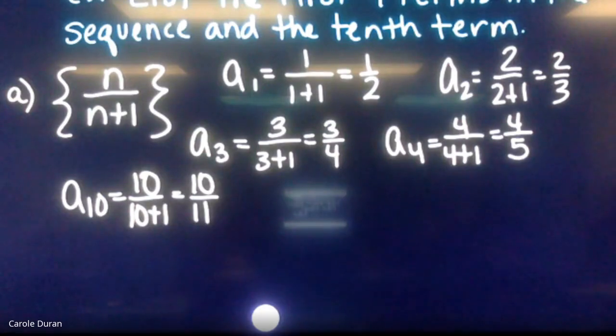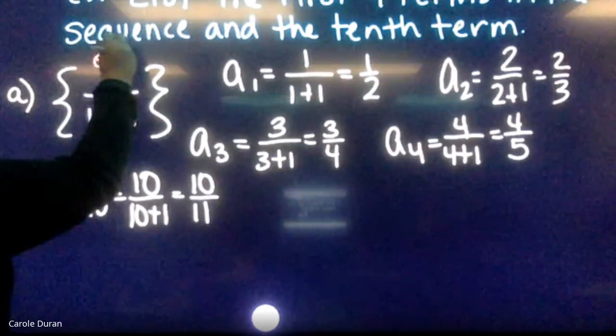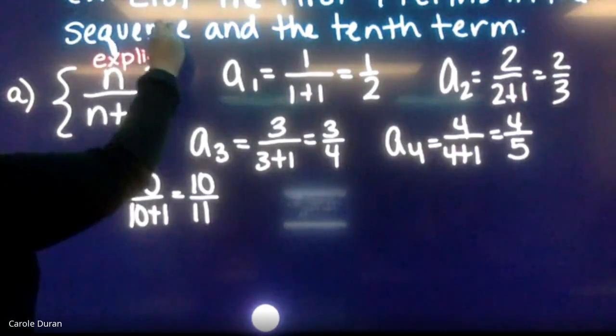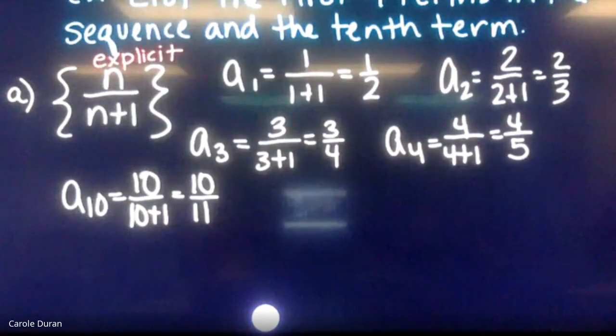Since we didn't have to use the terms that came before it, this rule is technically called our explicit rule for the sequence. Because it means I can plug in any term value n, and I'm going to get the sequence value for that placement. I could plug in 100 if I wanted to, and it's going to tell me what the 100th term is without having to know any of the terms around it.